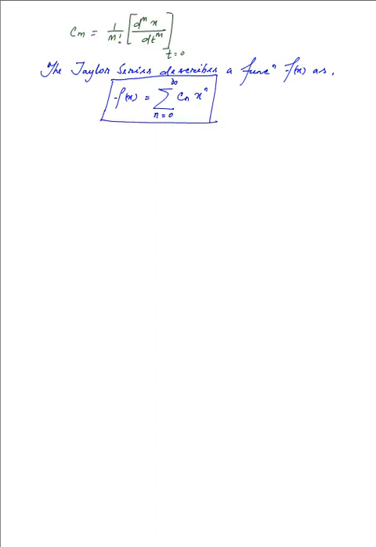and where we have the value of Cn to be equal to 1 over n factorial, the nth order derivative of the given function with respect to the independent term on which the given function is dependent, and then setting that independent term to 0 because we have to exclude the higher orders as well.